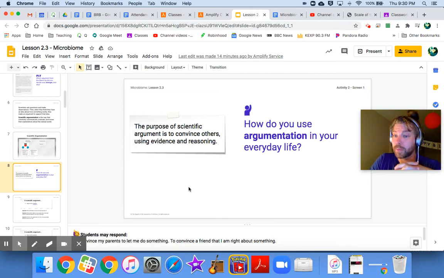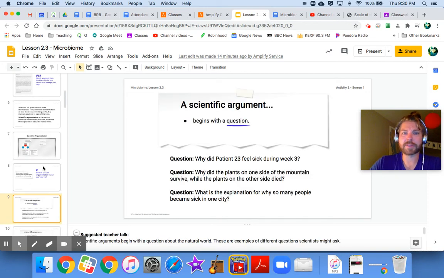I don't want to clean my room because I have an assignment that is due in 5 minutes. Therefore, I need to devote my time to getting that assignment turned in, which I can clean my room afterward. You're trying to convince somebody of something. Now, that's kind of a silly example, but how do you use argumentation in your daily life? We'll talk about that when we come back together as a class.